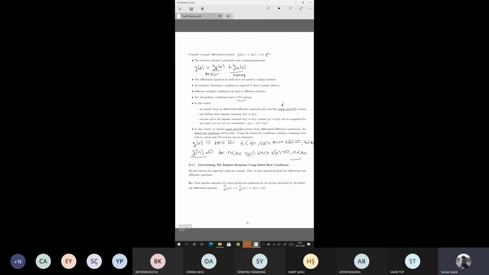And this initial rest assumption actually gives me enough auxiliary conditions or boundary conditions such that a linear constant coefficient differential equation leads to a causal and LTI system. So this is our requirement.